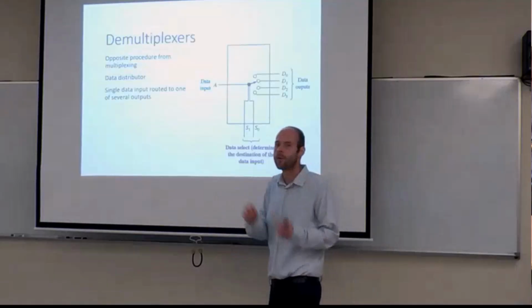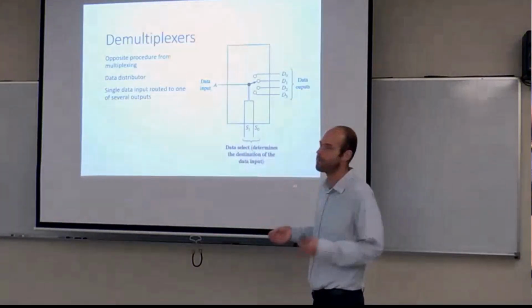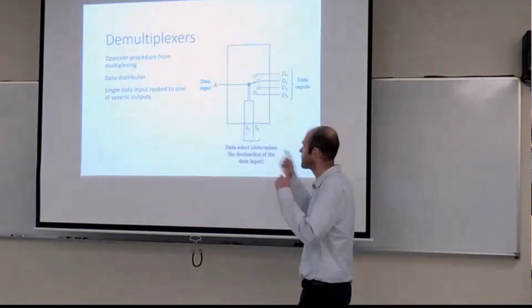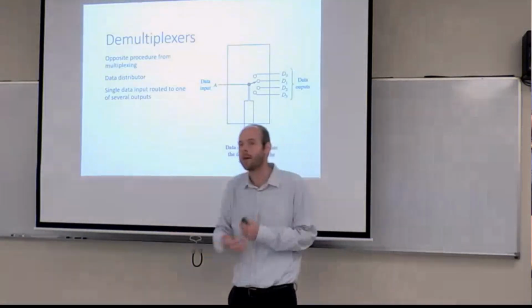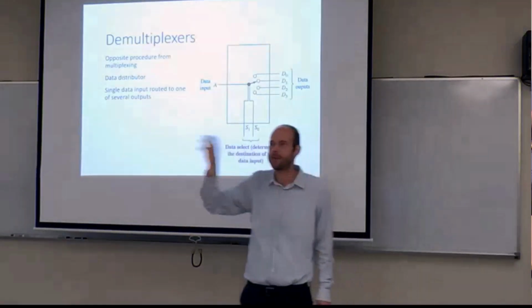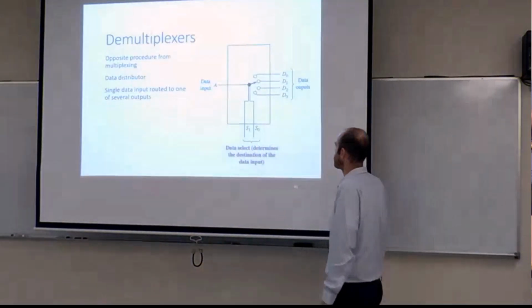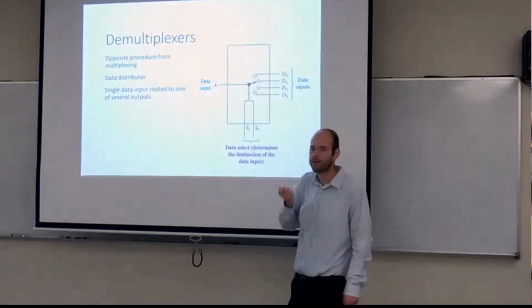Okay, so the reverse option is also possible. If you are demultiplexing, that means you have a single data channel and you're selecting one of many outputs to take. The selector bits choose which output the data is going to be sent to. So if you are delivering the mail and you have one of 4 different mailboxes, you can stick it in.